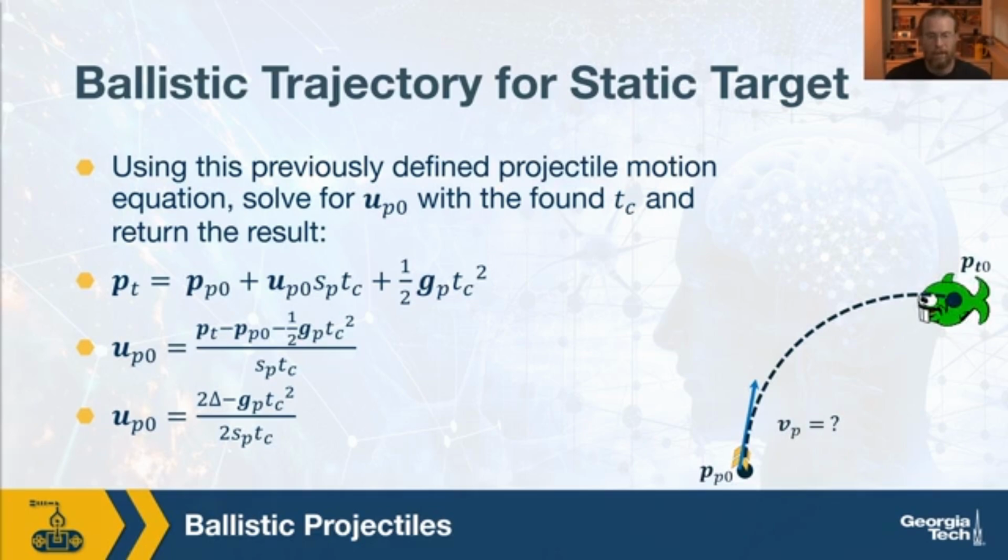Assuming a solution was found, we've got a good t to use. We can just plug that in. First, we'll go back to isolating our u vector because that's what we're trying to solve. So isolate u, then we can plug in our t and all the other information that we know, and that will give us the solution for the direction of u.